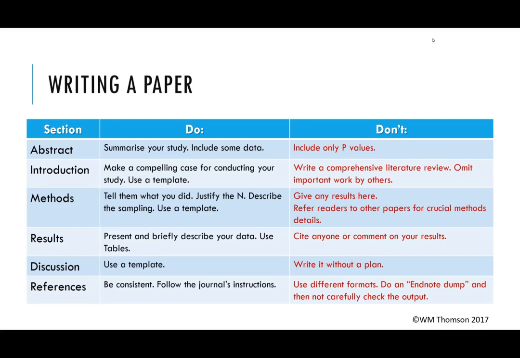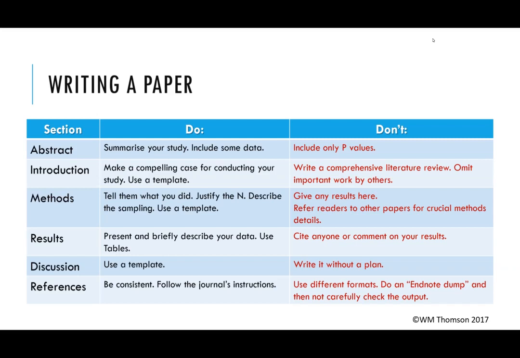It seems weird to state the obvious, but the abstract is a summary of the study: what you set out to do, how you did it, what you found and what it means, in about 4 paragraphs. A key principle is to include some actual study data.